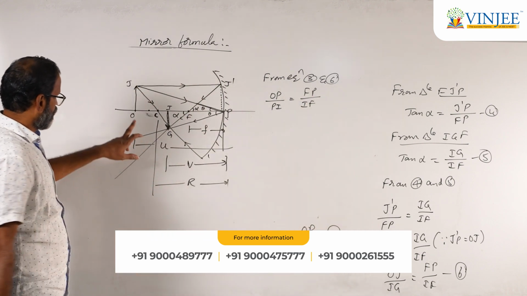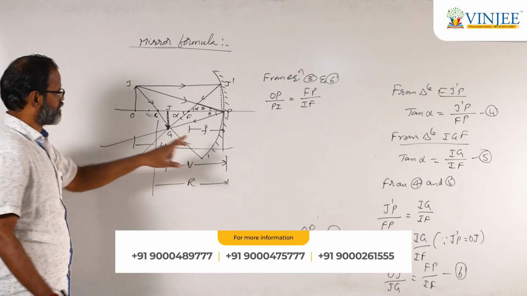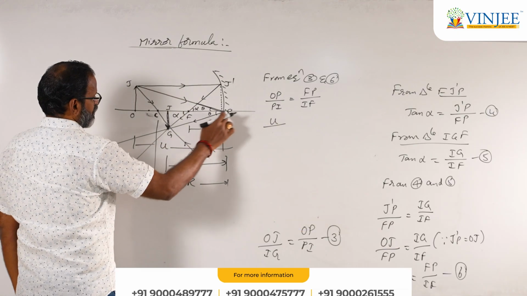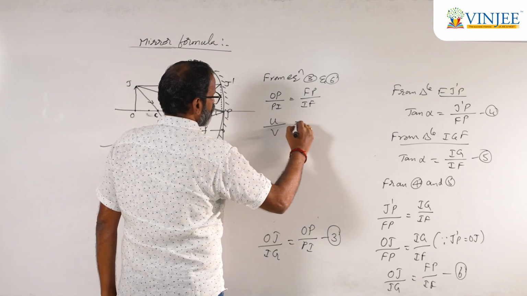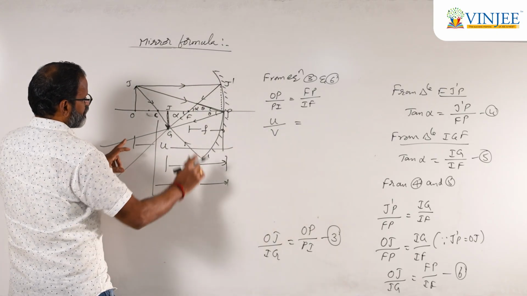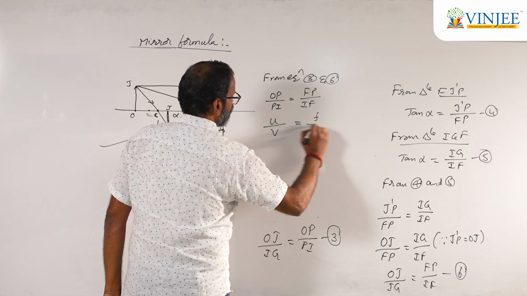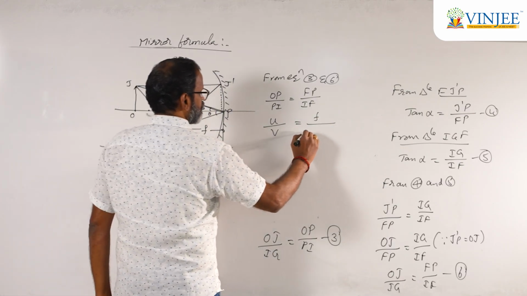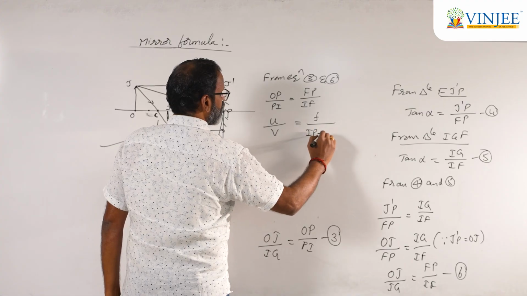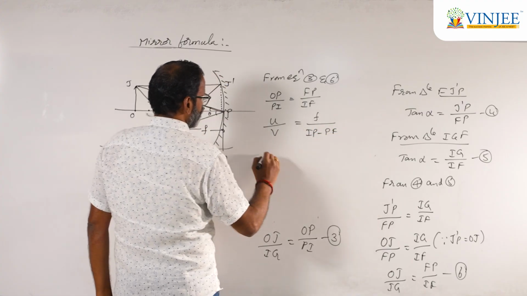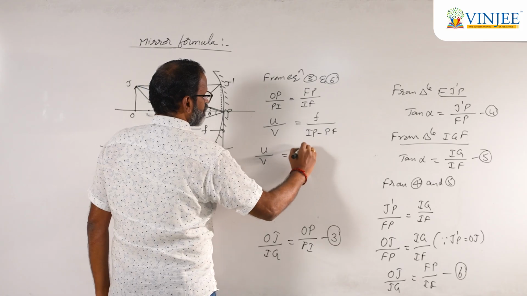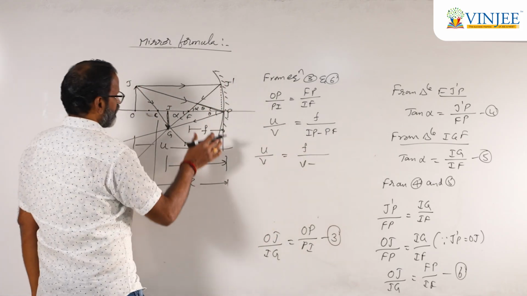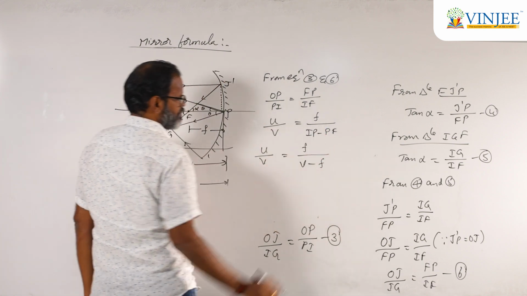From the diagram, OP is the object distance, that is U; PI is the image distance, that is V; and FP is the focal length F. IF can be rewritten as IP minus PF. That implies U by V is equal to F by (V minus F), where PF is the focal length F.